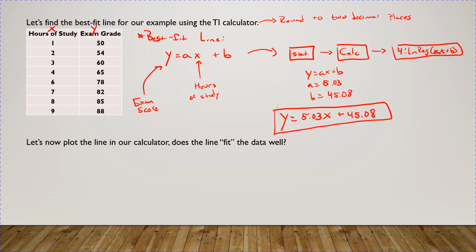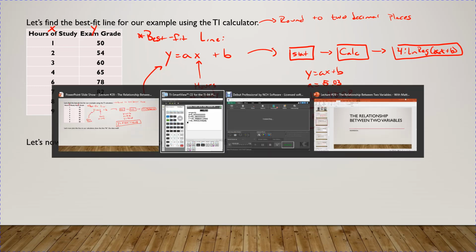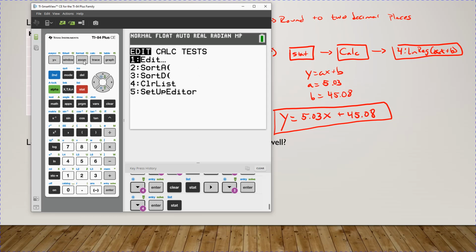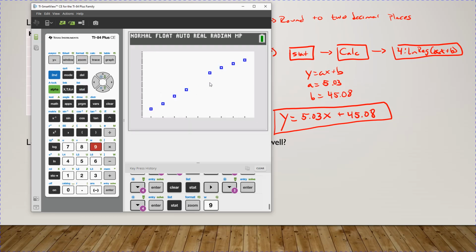All right, so let's now plot the line in our calculator, and does the line fit the data well? All right, so I want to show you how to do that in your calculator here. So to plot a line in your calculator, even before I do that, you still have your data plugged into your calculator here. Okay.